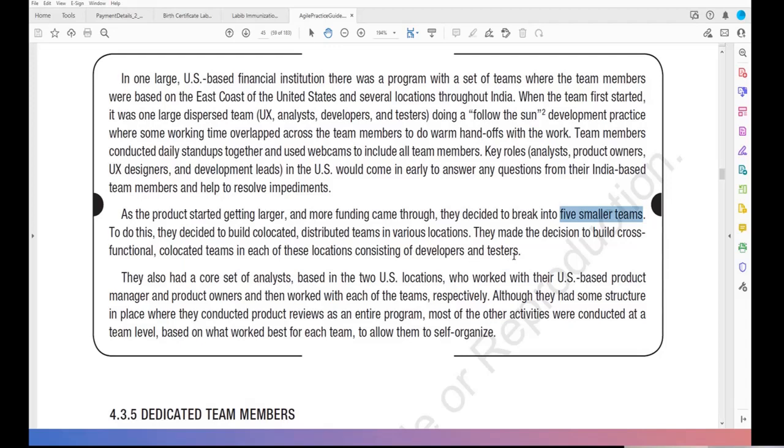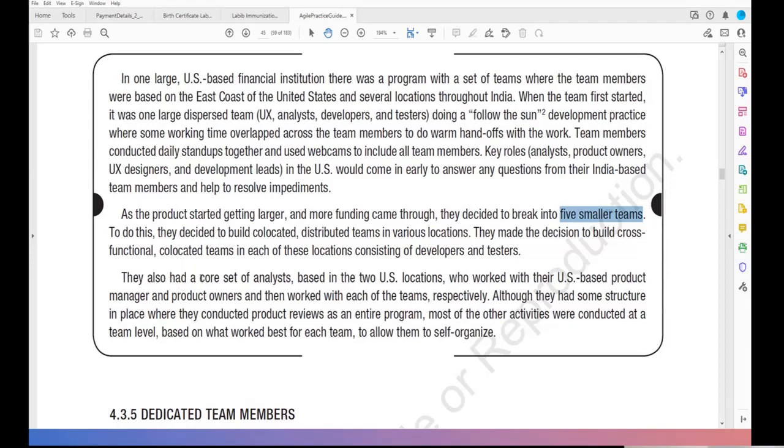So co-located means they are building teams in India with developers and testers. Instead of going through all the virtual, in India there will be an office location, and there will be 5 people, developers and testers, in India. In the US, also the same. People will work in the office location, but across the US and India, they will collaborate virtually.